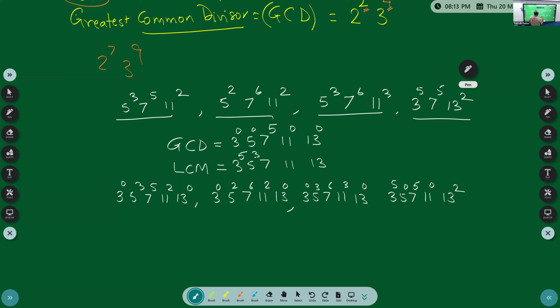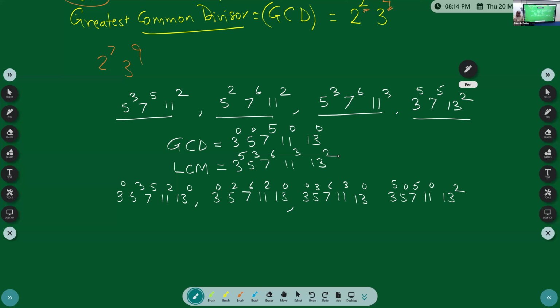Then 7: 5, 6, 6, 5, so 6. 11: 2, 2, 3, 0, so 3. 13: 0, 0, 0, 2, so 2. Clear, everyone? Yes.